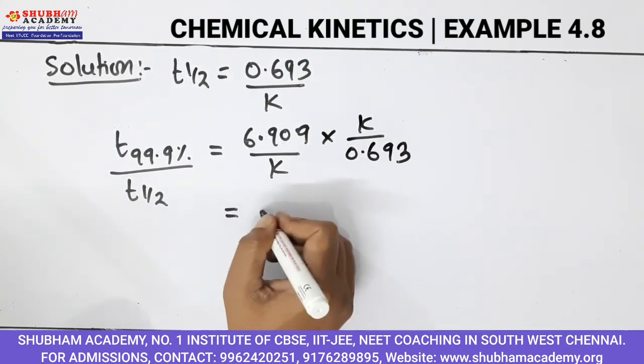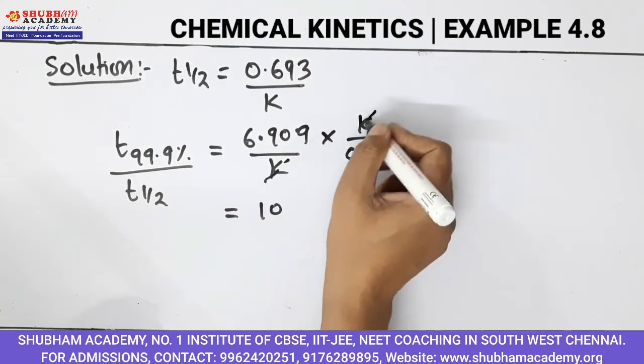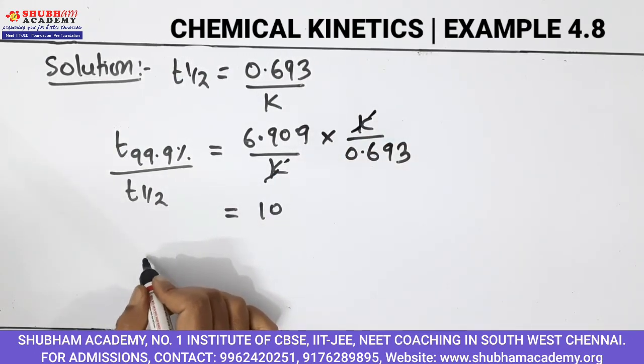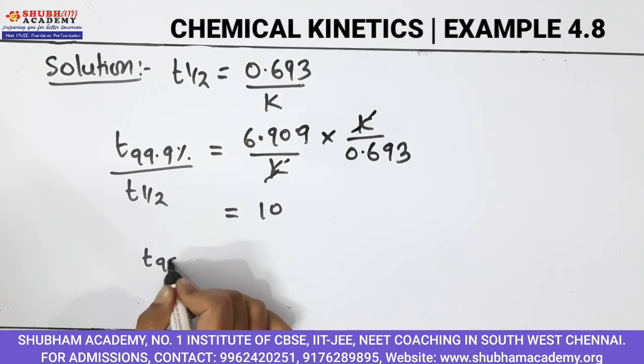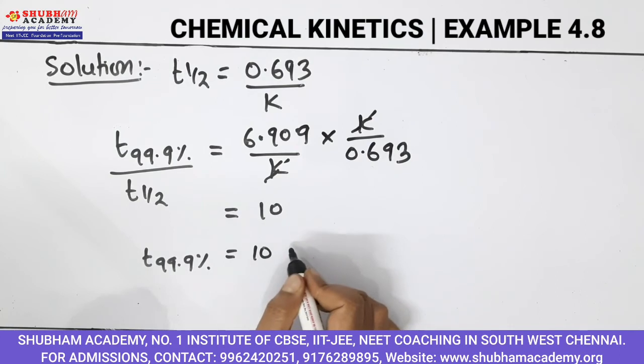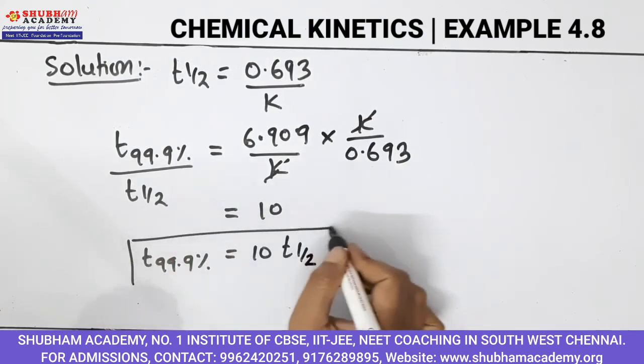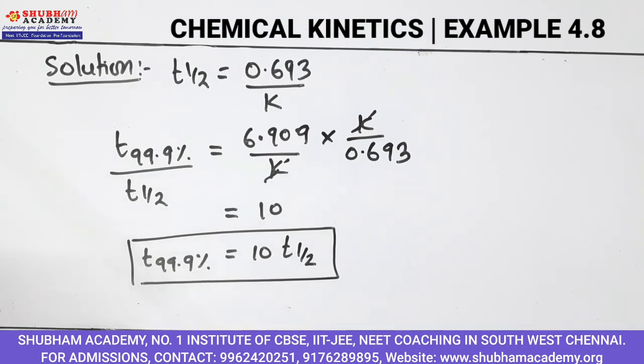So this is approximately 10, right? So we can say that T 99.9% is equal to 10 times T half. So this is what was asked in the question, right?